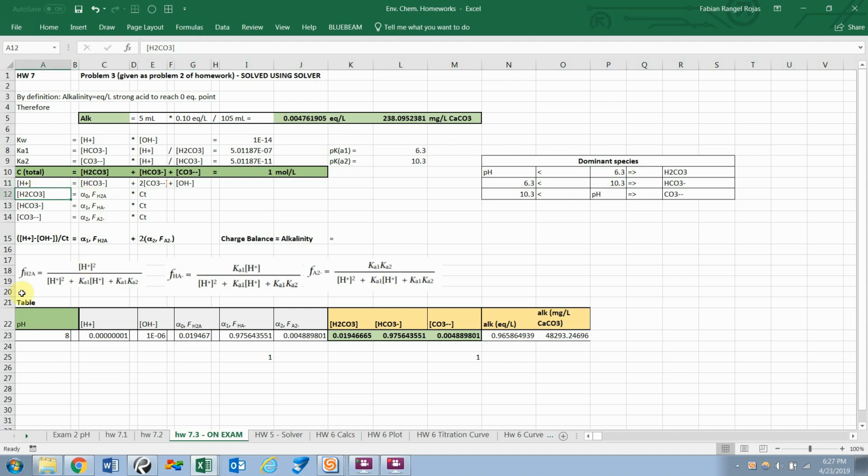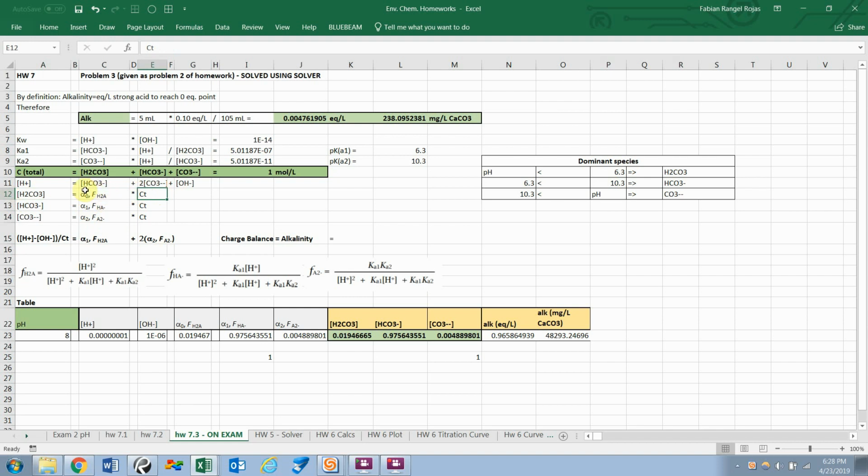Also, I used the concept of alpha values for this problem because it made my equations a little bit simpler. So H2CO3 is just alpha 0 times total carbon.